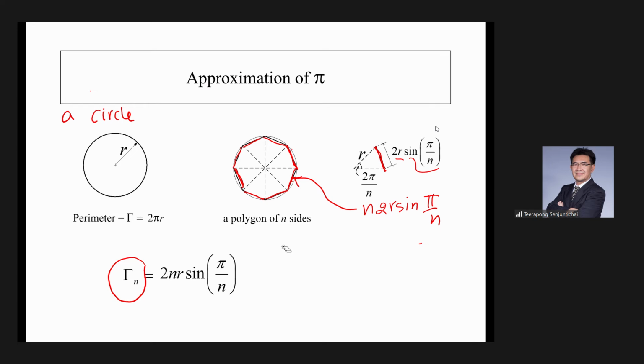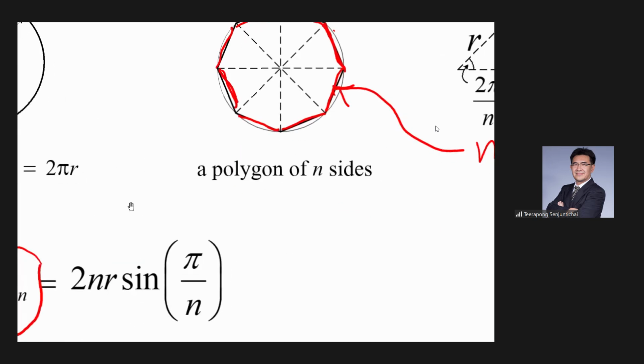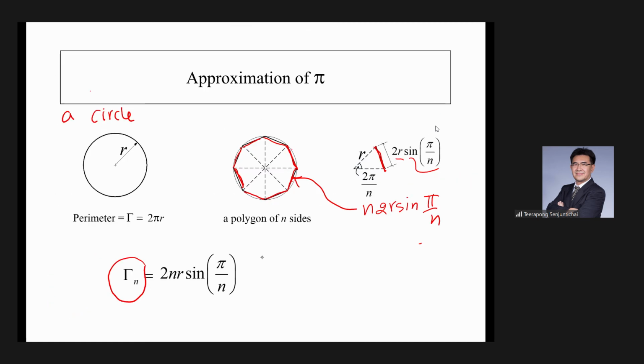If you compare this and this, this is the actual perimeter of the circle, and this is the perimeter of the circle if you discretize it into a polygon of n sides. You compare these two. You have 2r here, 2r here.